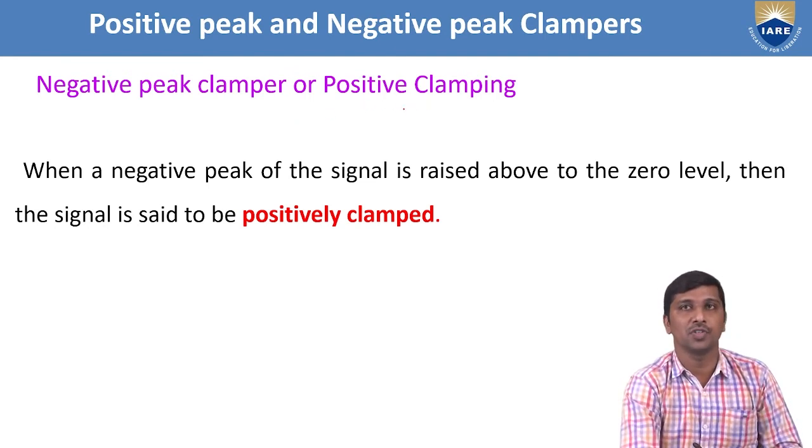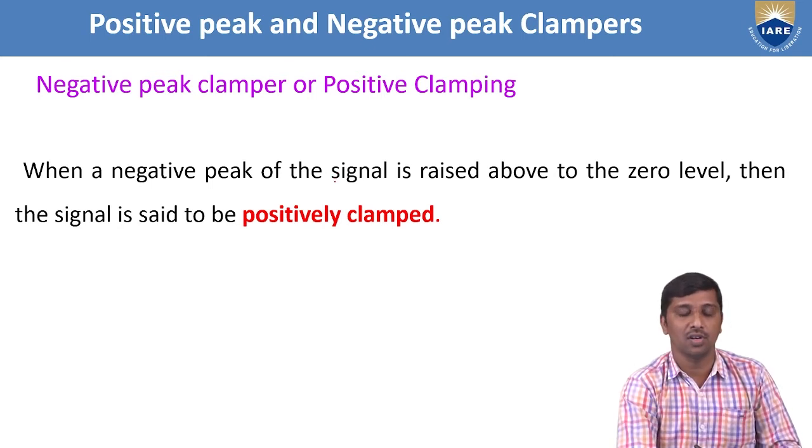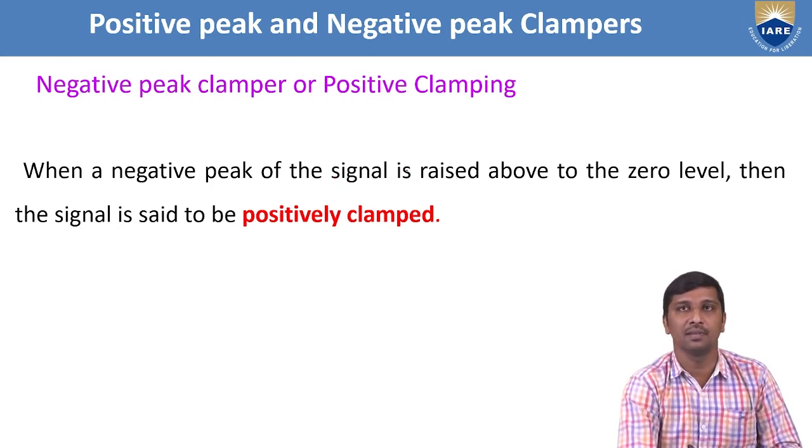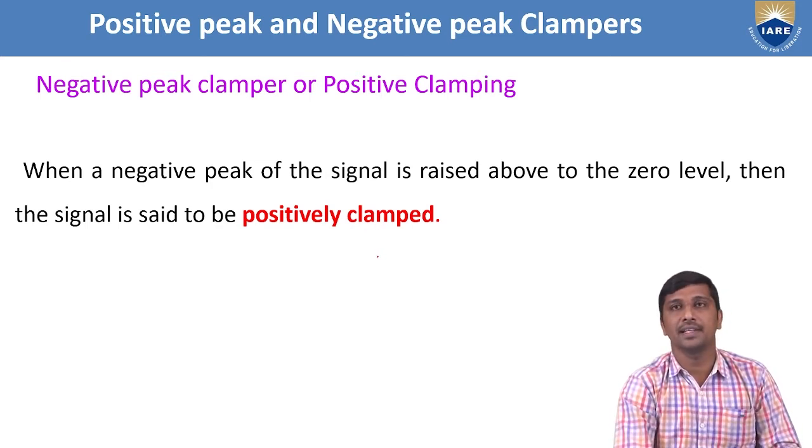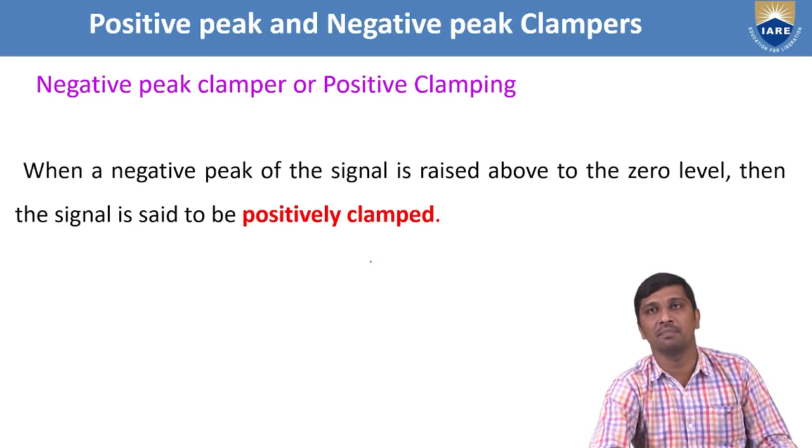In positive clamping, the entire negative peak portion of the signal is shifted towards the positive direction, or rises above the zero level. That type of clamping is called positive clamping or negative peak clamping. Then how can we achieve this positive clamping?